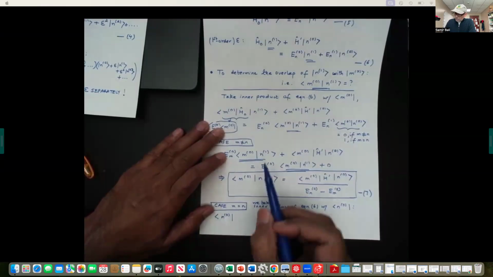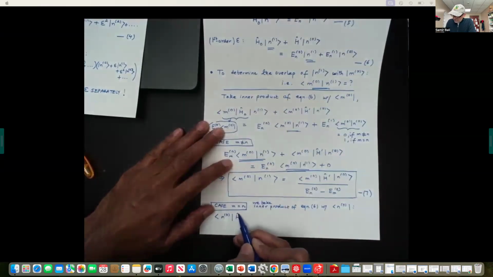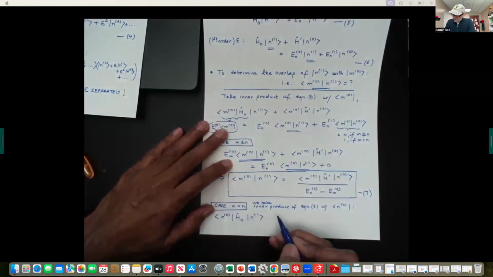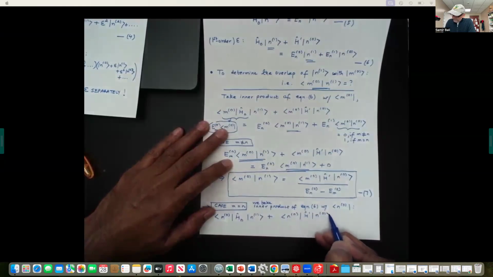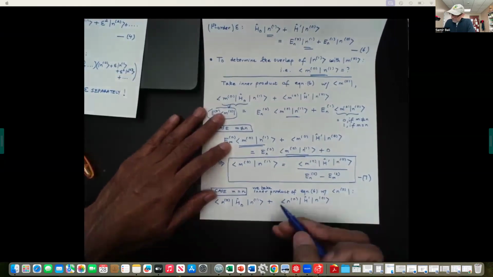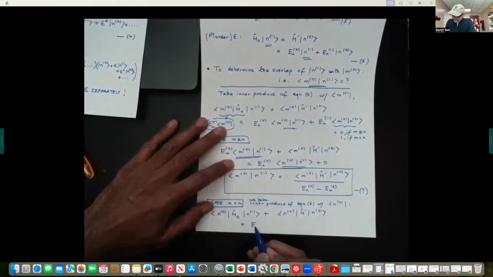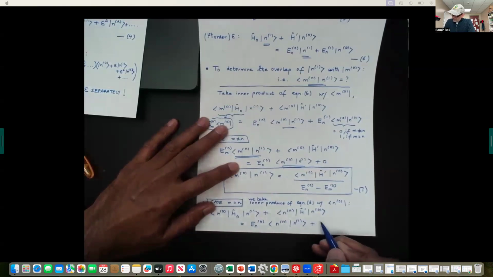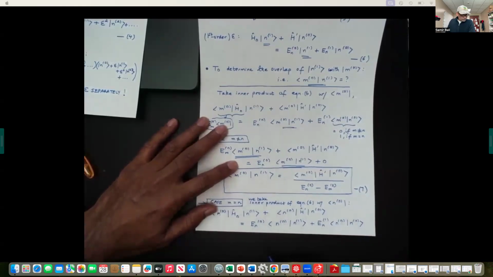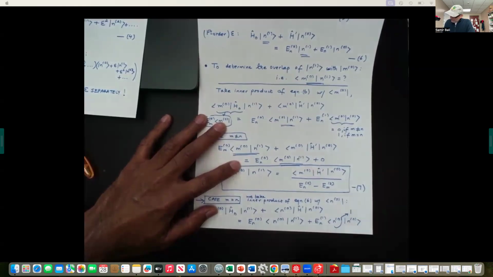So now you have inner product with n naught, and the first term is that. The next term is there, so that's your left hand side. And now the right hand side, okay, that's the first, and then the last term, and this of course is 1.